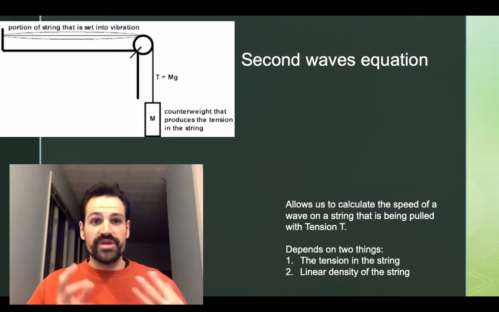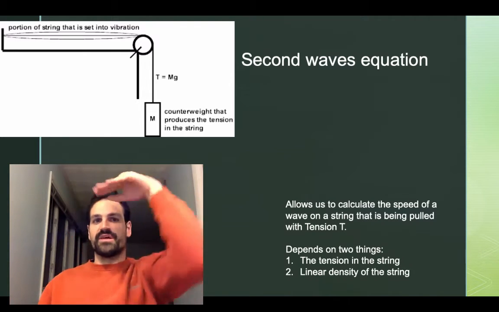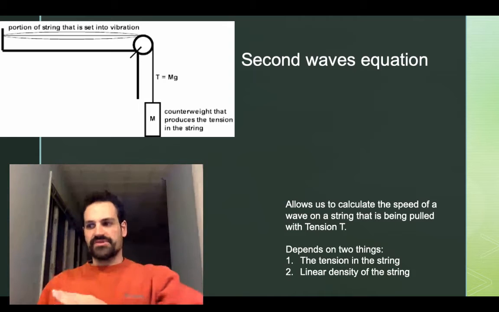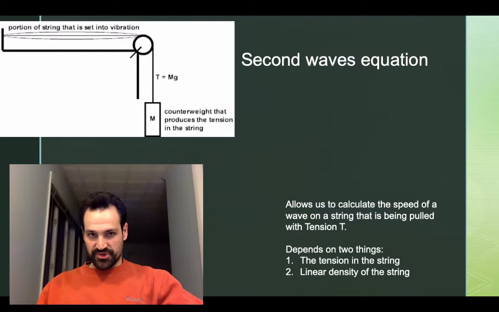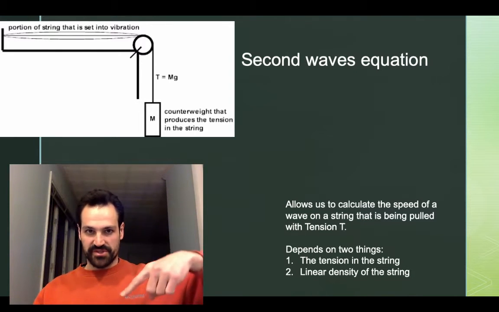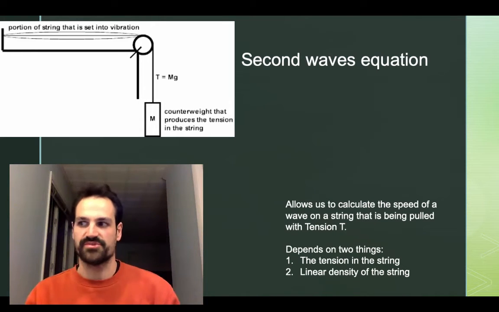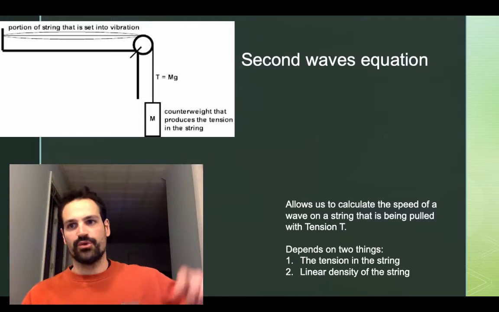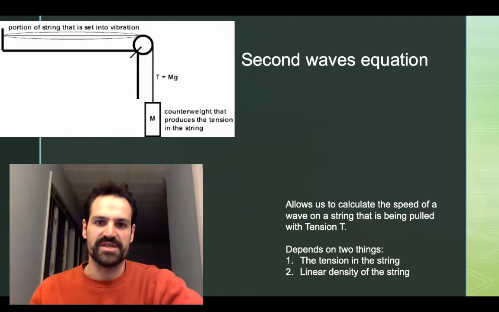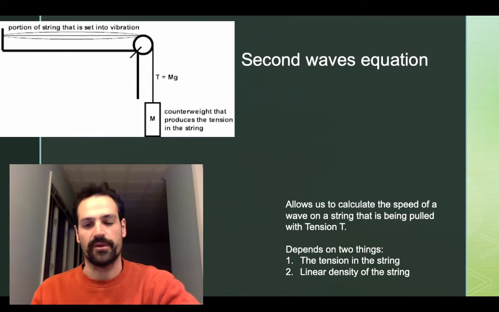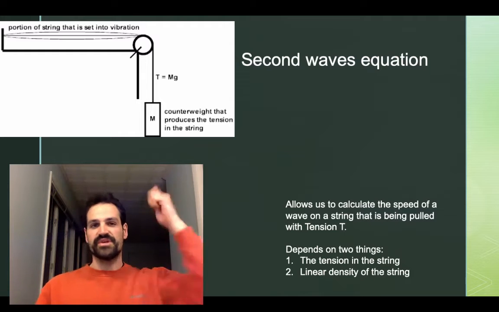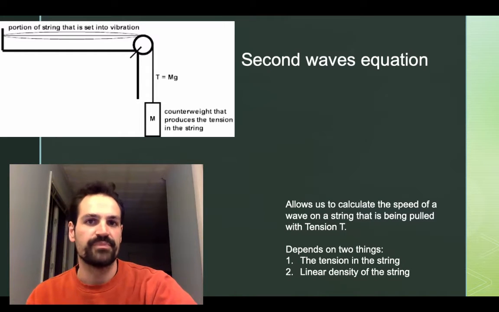A string that's really heavy is going to take more time for the wave to travel through, versus a light string, where it's going to shoot right through, like cracking a whip. Those are always really light strings, and the wave can shoot right down the string, especially the tip, which is where you want the most speed so it can crack the sound barrier.